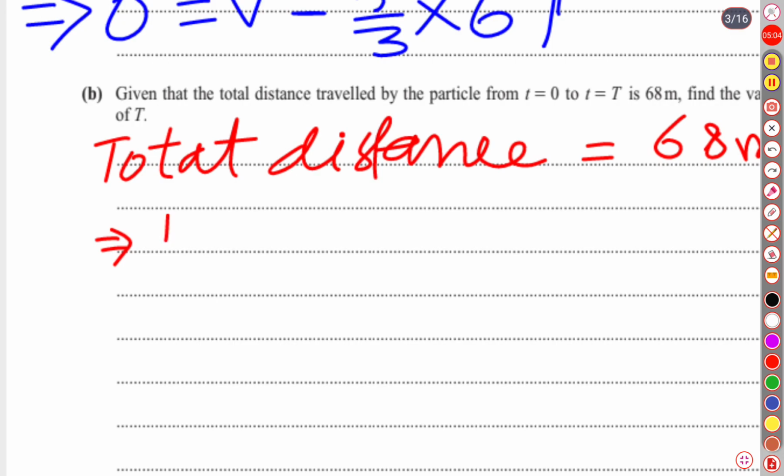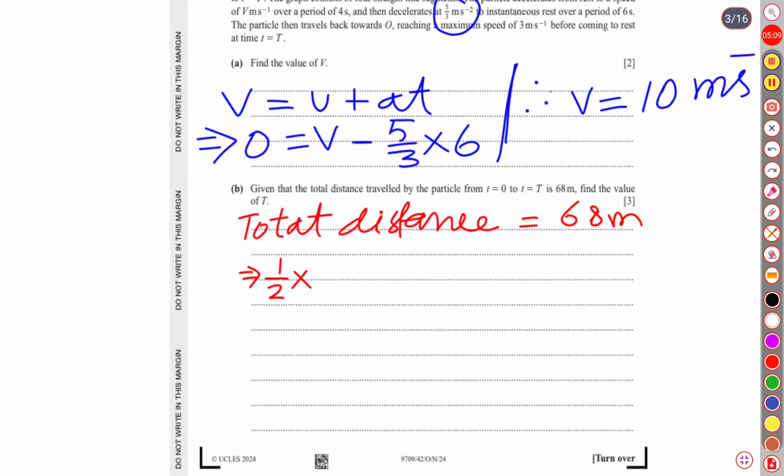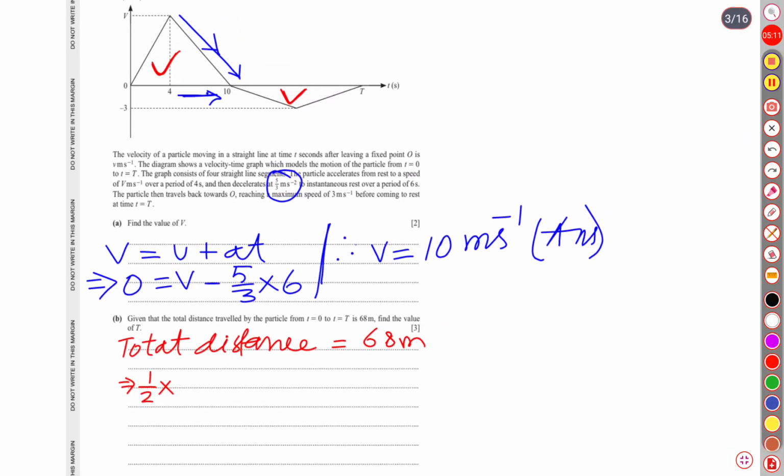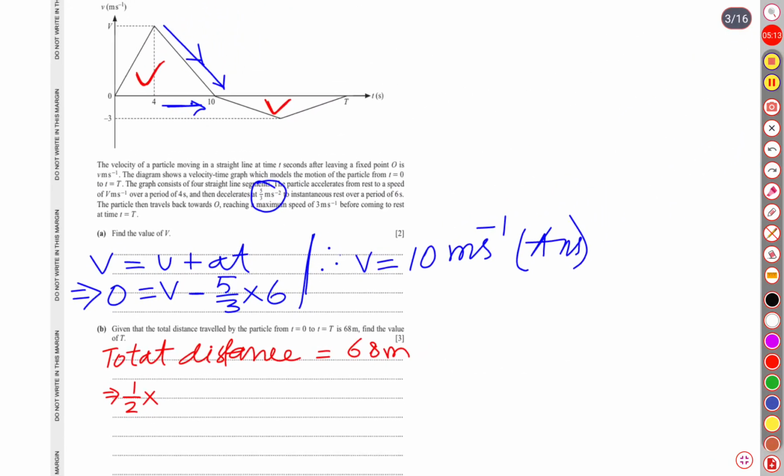We know area is equal to half of base times height. Base for the first triangle when the particle was moving onward was 0 until 10, so it is 10, into height. Height is v meter per second, and we have obtained v is equal to 10.